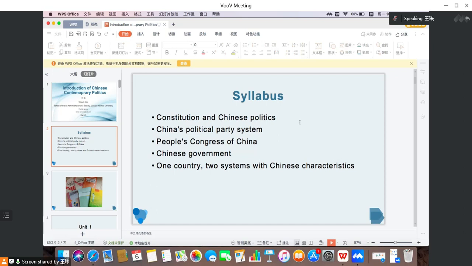But there are lots of levels of the People's Congresses, right? Do you understand that? So there are also different electoral methods: the indirect electoral method and the direct electoral method.